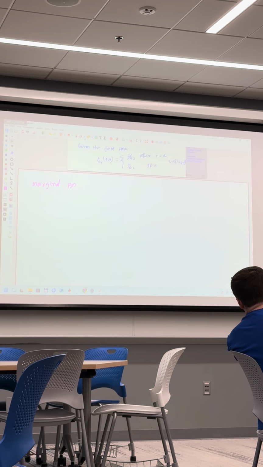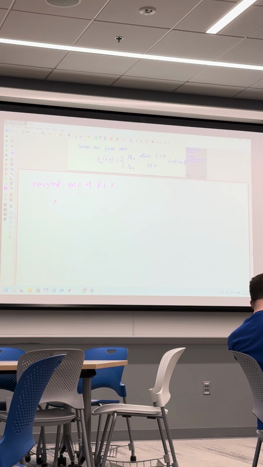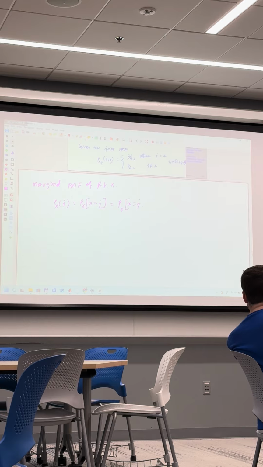Marginal PMF of random variable x taking value j, which is basically by definition probability that x equals exactly j, which is because we are given joint PMF, probability that x equals j, y equals anything.